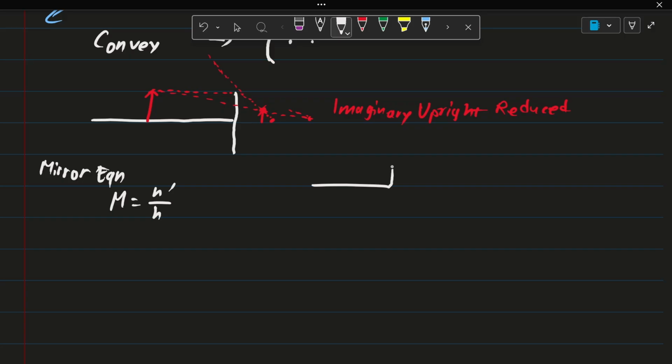So if we have a concave mirror, it's going to have its focus and its radius of curvature. The ray will later be reflected like that. So this is h prime and this is h. Now this magnification can be written in terms of distance, because there is something to do with geometry here.